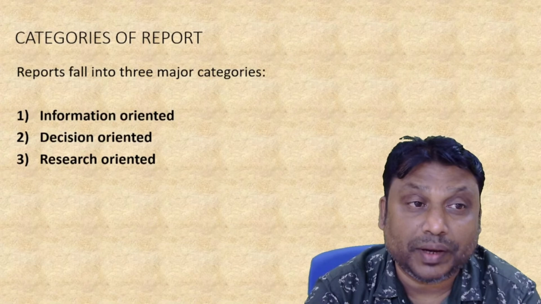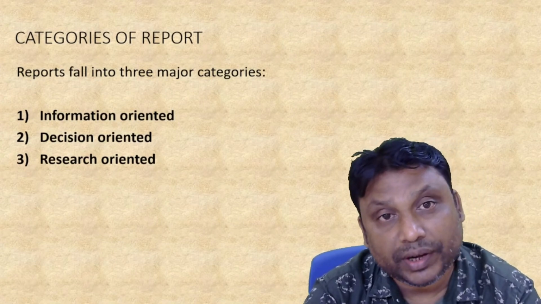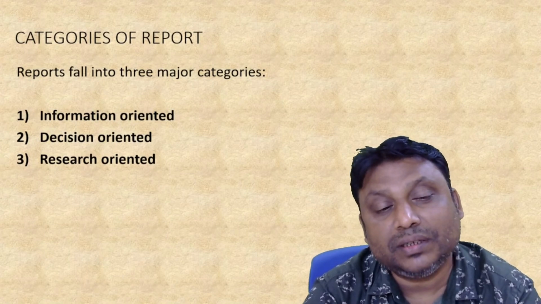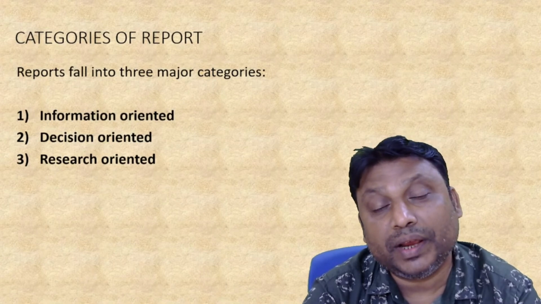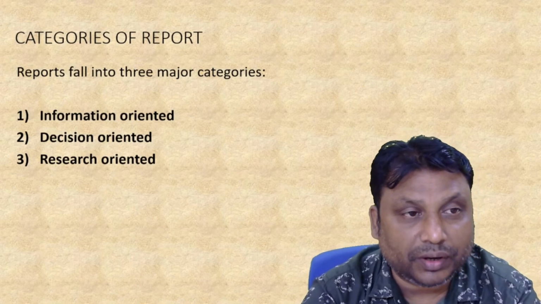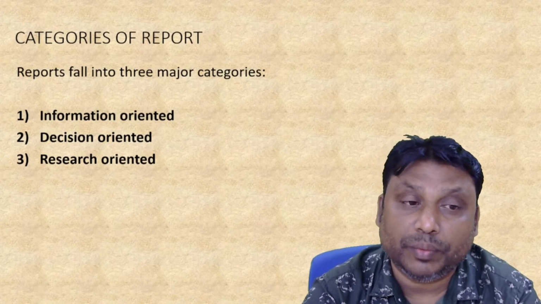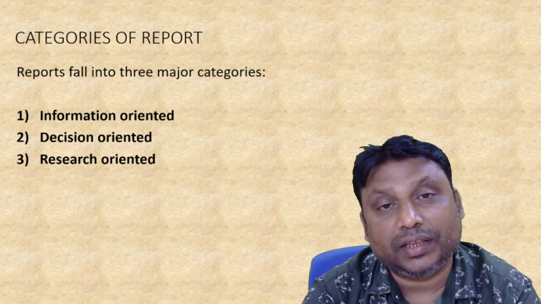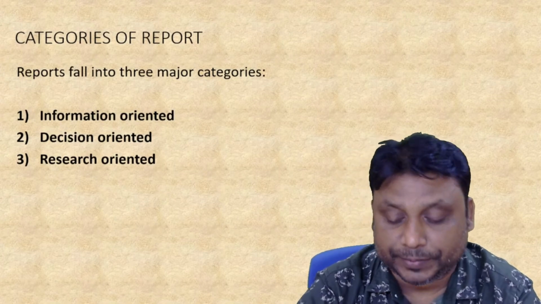So when you are preparing your research work, maybe it is information oriented, maybe decision oriented, or maybe research oriented. Whatever type of major report you prepare, you have to submit it for future research. Are you getting my point? So the category of the report is of three types: informative or information oriented, decision oriented, and research oriented. When you prepare the proposal, you have to focus on these three.